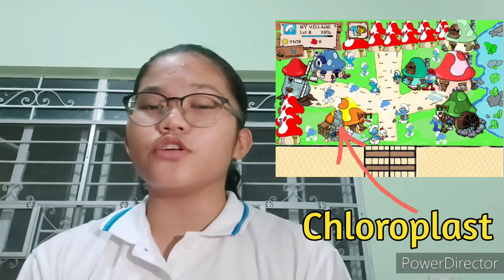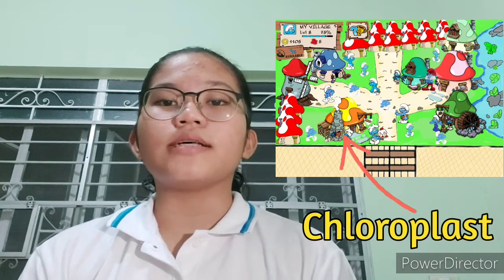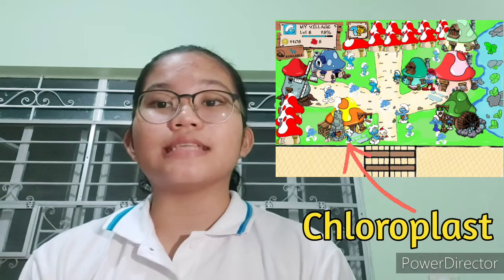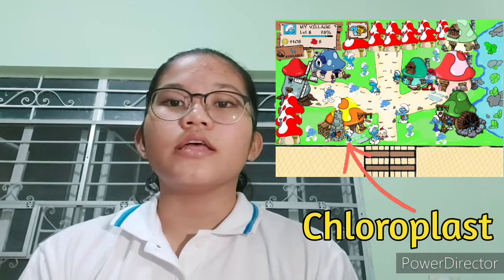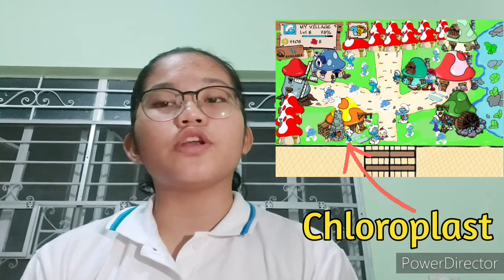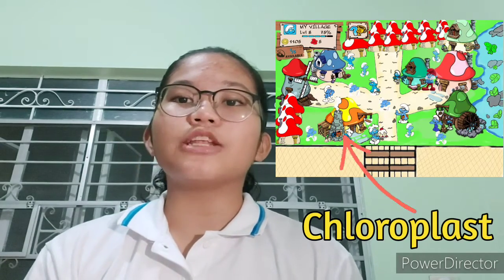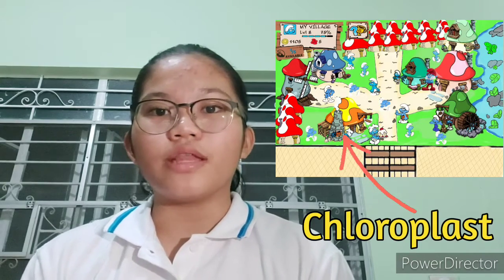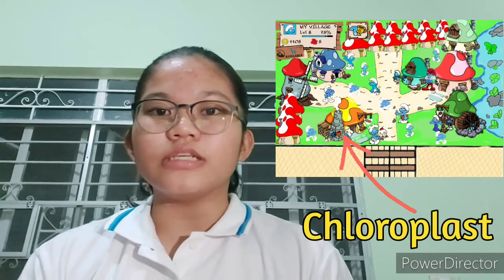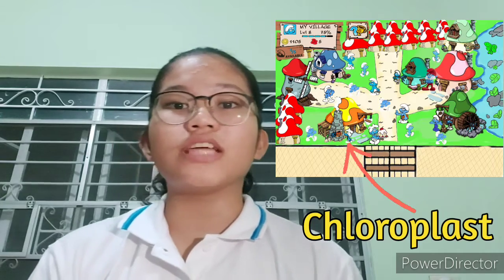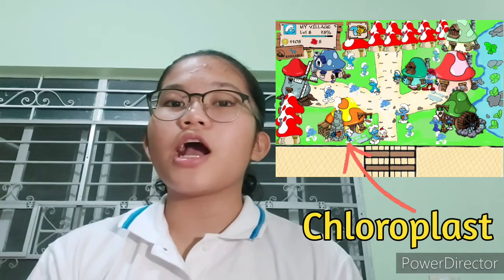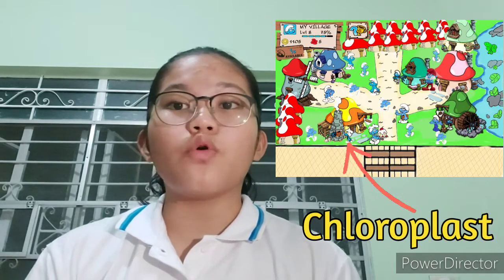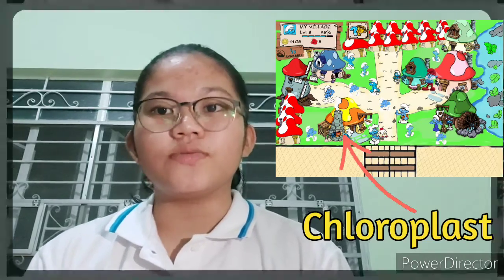So, yung yellow house na yon, kinompare ko siya sa chloroplast dahil meron silang same na katangian. Dahil kung ang chloroplast ay may chlorophyll, doon naman sa loob ng Smurf house na yon, meron silang oven. Na yung oven na yon, siya yung nagmamanufacture o nagpa-process para makagawa ng own food para sa buong Smurf sa loob ng village.